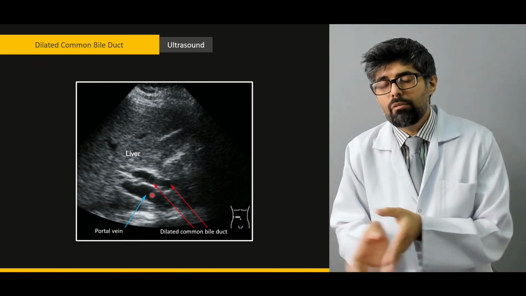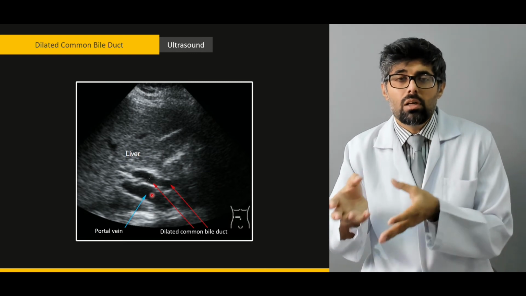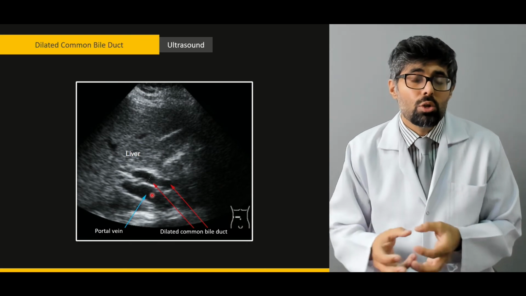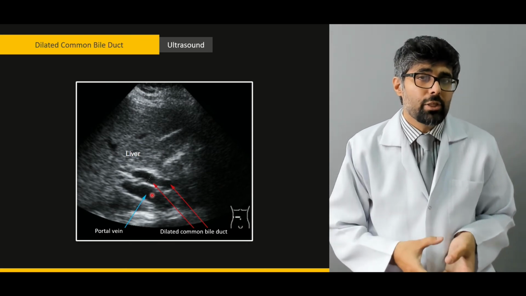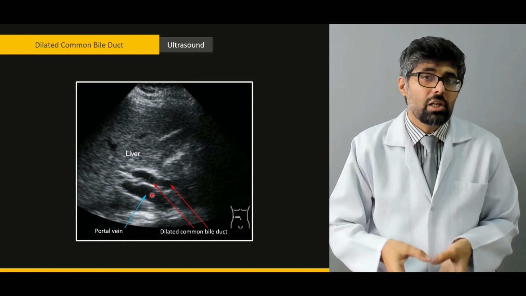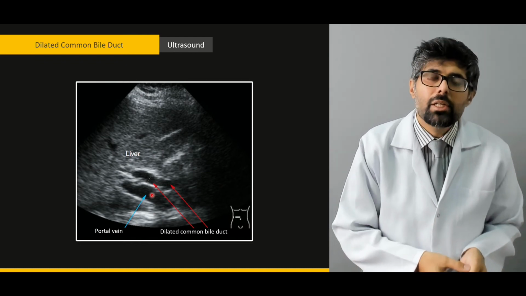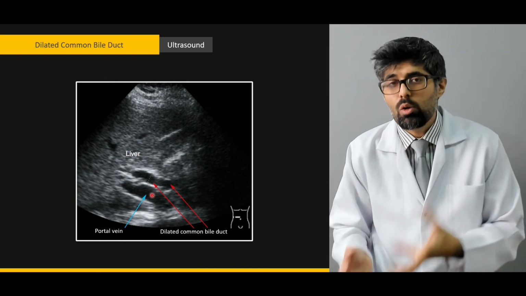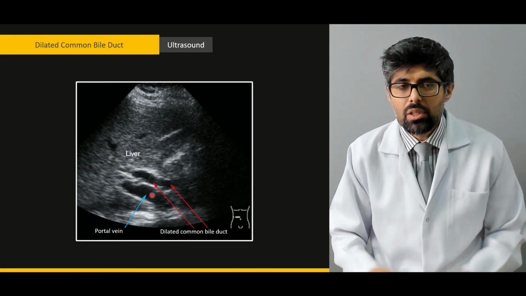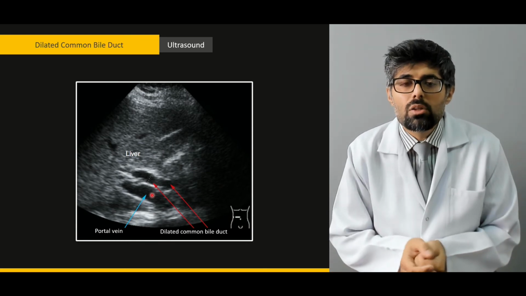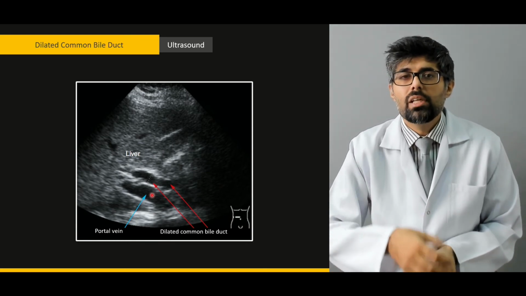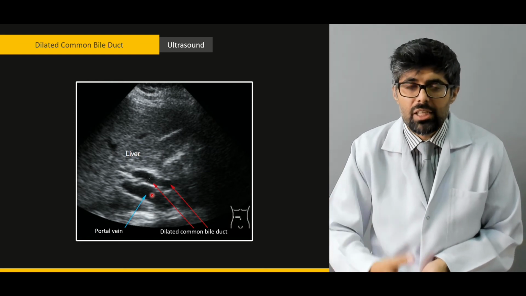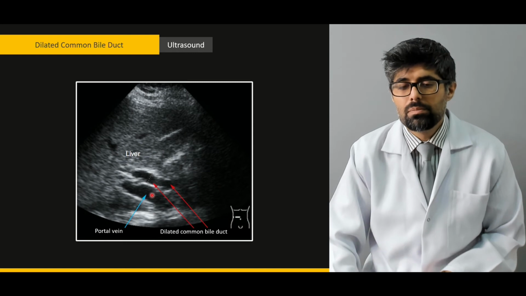reduced bile flow, which can cause the bile to either form less, or its outflow through the bile canaliculi is reduced inside the liver. So hepatic tumors can also result in reduced bile outflow. But here the common bile duct is actually dilated in the liver instead of outside the liver.